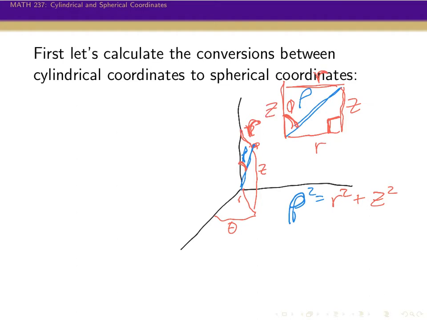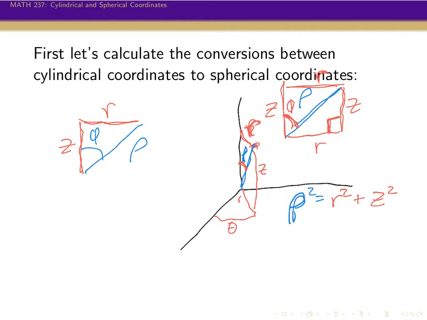So let's rewrite that one. So if that's z, that's r, that's my rho. Phi is that angle right there.